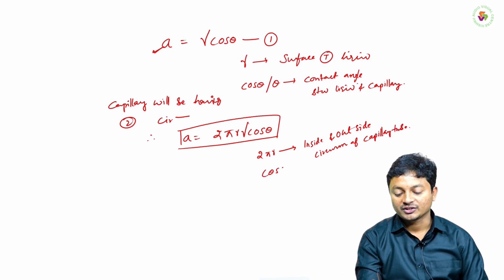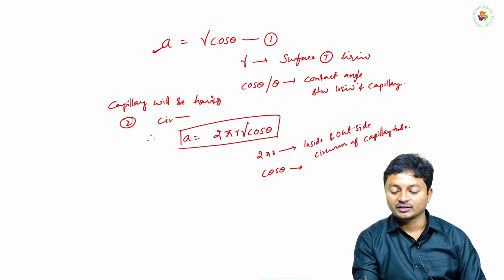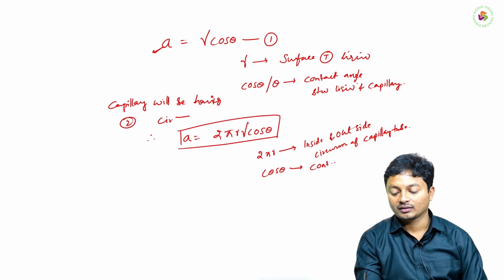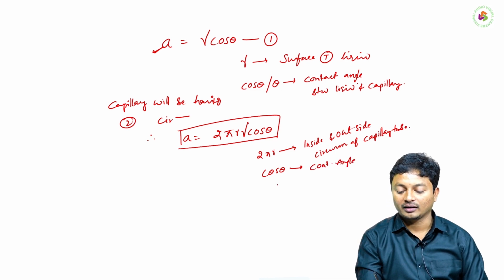Cos theta refers to the contact angle, and gamma refers to the surface tension of the liquid.